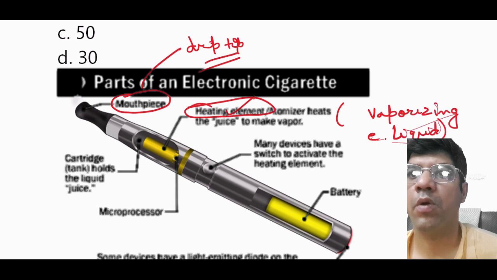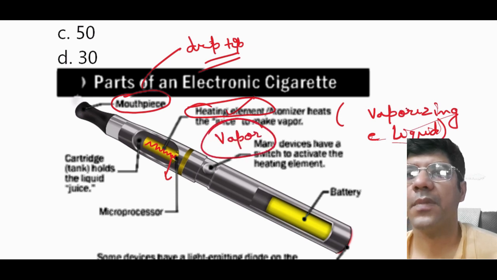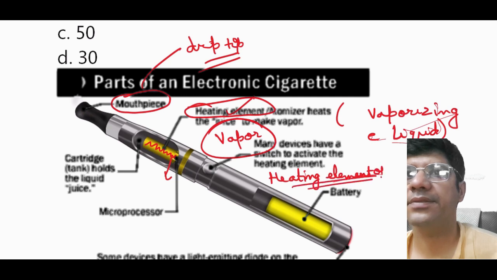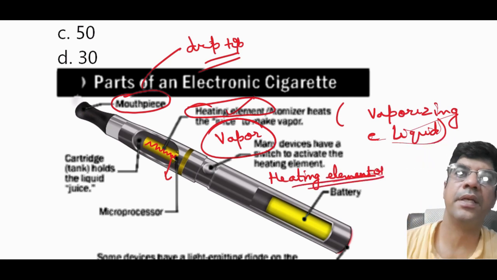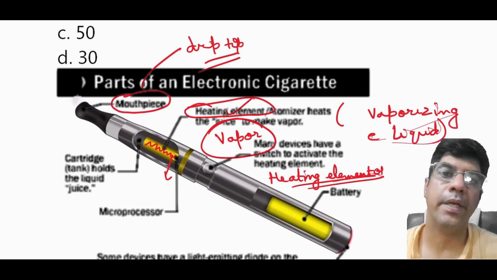It consists of a small coil that heats up when activated, turning the e-liquid into vapor. The heating element is responsible for vaporizing the e-liquid and turning the e-liquid into vapors.